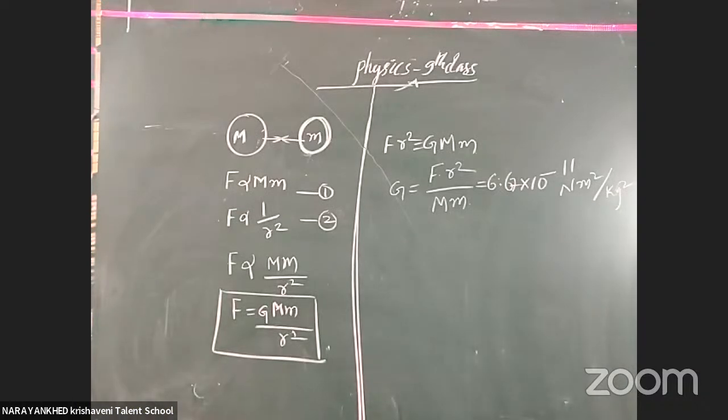Next, why is G called the universal gravitational constant? The value of G is independent of the nature, size and mass of the interacting bodies, the space where the particles or bodies are kept, and the time at which the force is considered. Okay, got it or not?